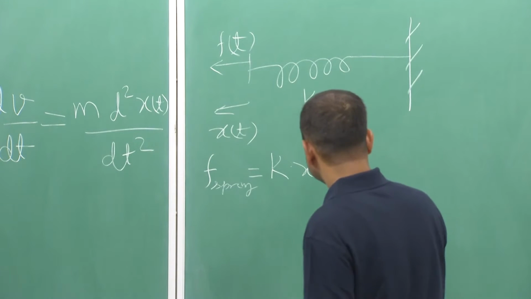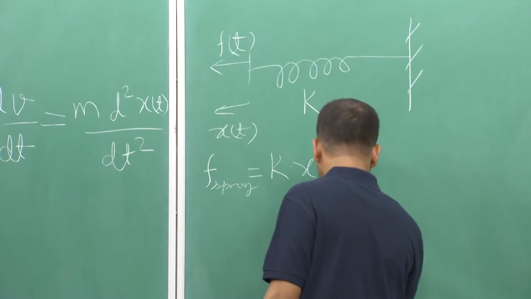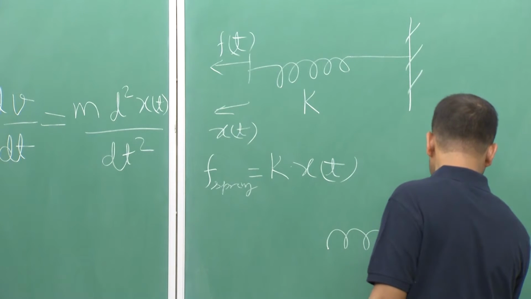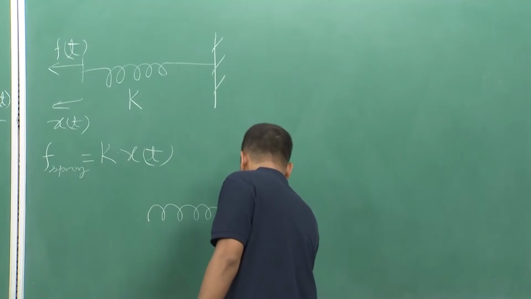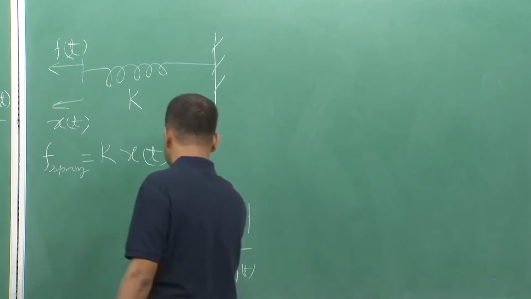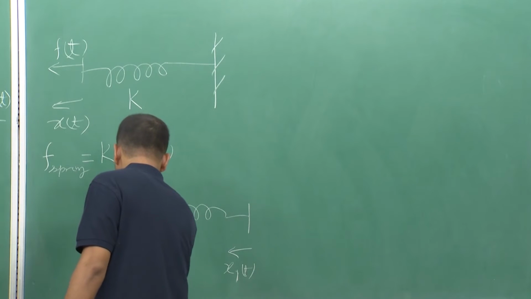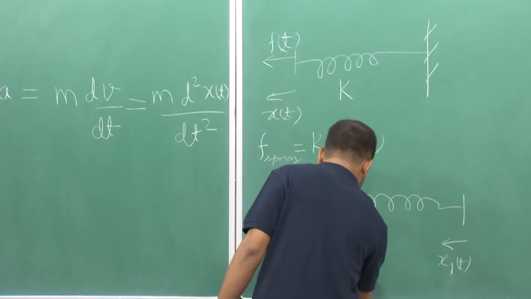If the spring is connected in such a fashion that both its terminals are getting some displacement, suppose this part is displaced with x1 of t, and this part is displaced with x2 of t.